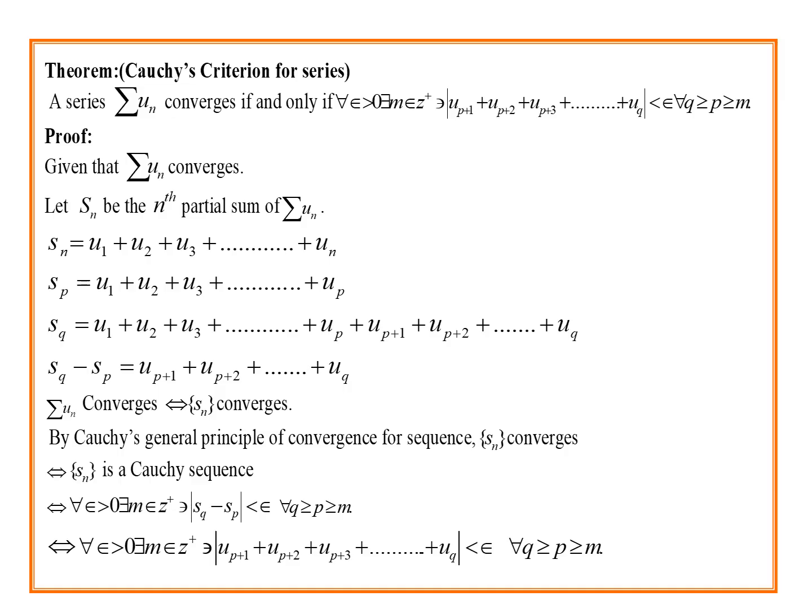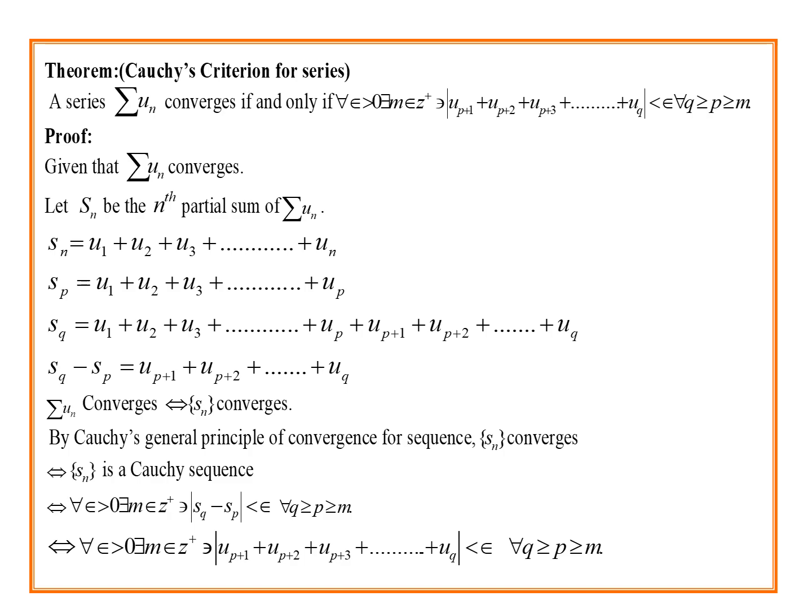Now proof. Given that sigma un converges. Let Sn be the nth partial sum of sigma un. Therefore, Sn equal to u1 plus u2 plus u3 plus so on plus un. Based on that, we take Sp equal to u1 plus u2 plus u3 plus so on up to up.